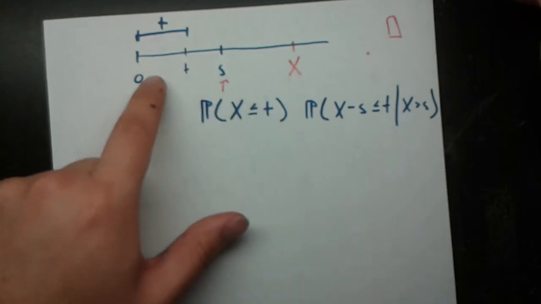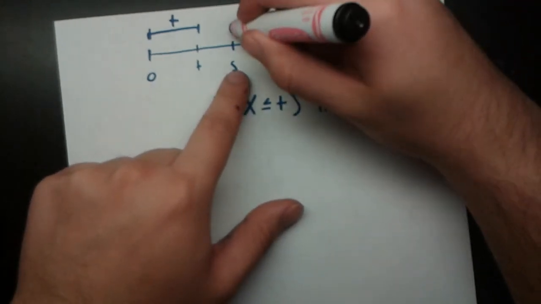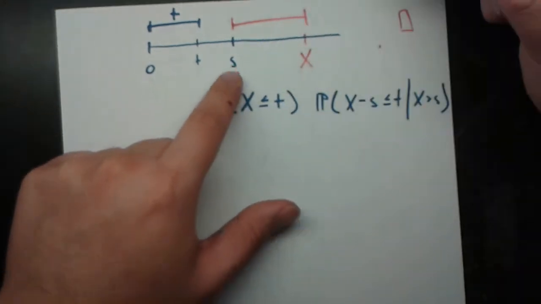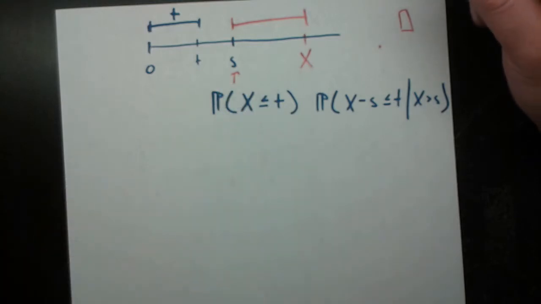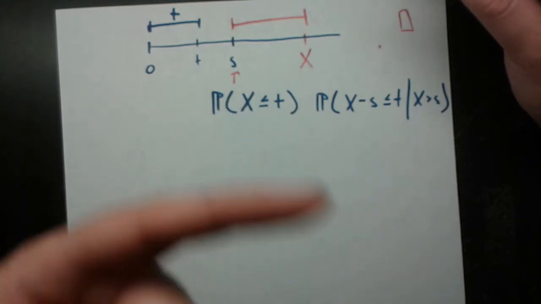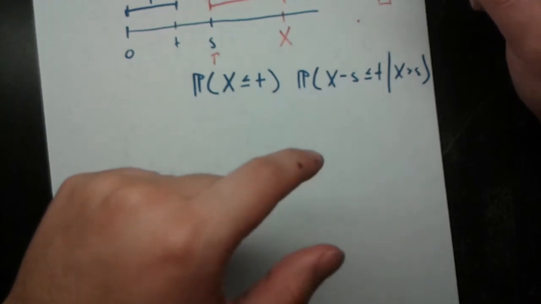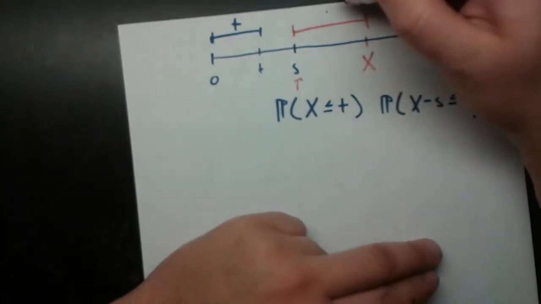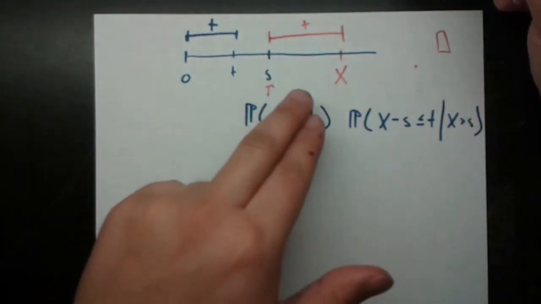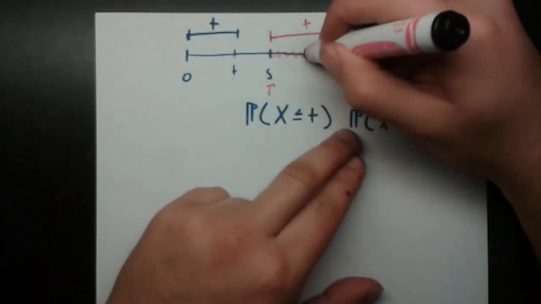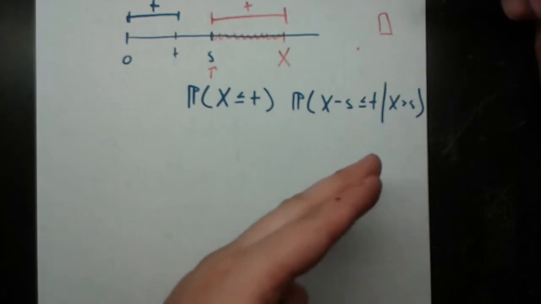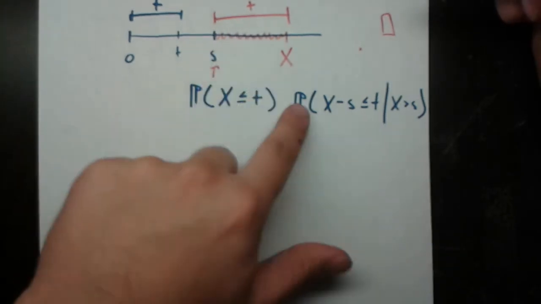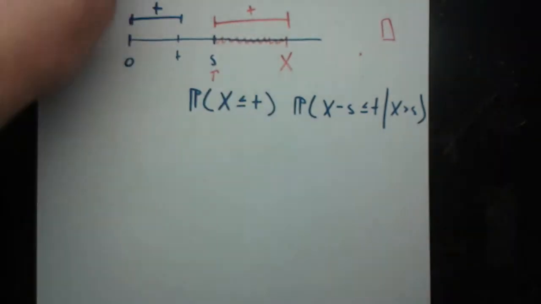That means that you've already waited s time, so this x minus s is this extra time you have to wait when you make that thought in your head where you're like, how much longer do I have to wait? That much longer is x minus s. What is the probability that that time is less than or equal to t? So let's say this is t exactly. So what is the probability that we're in this range, less than or equal to t, given under the condition that we're already past s? Okay, so let's calculate both of these guys.